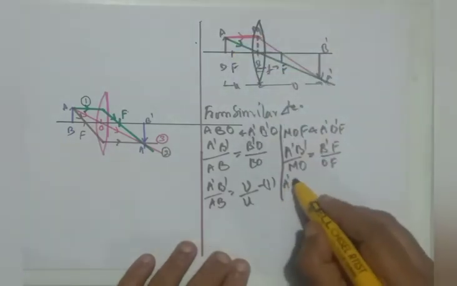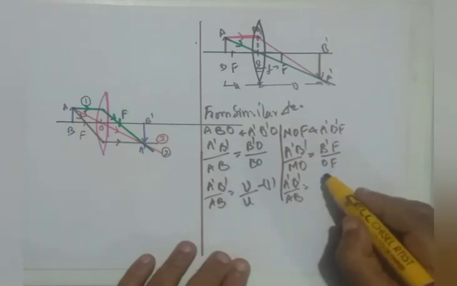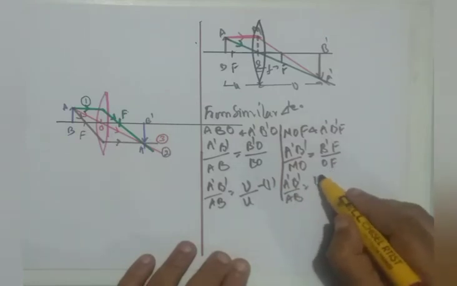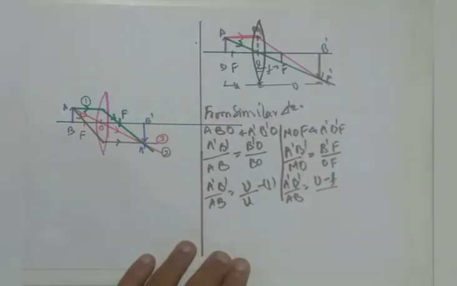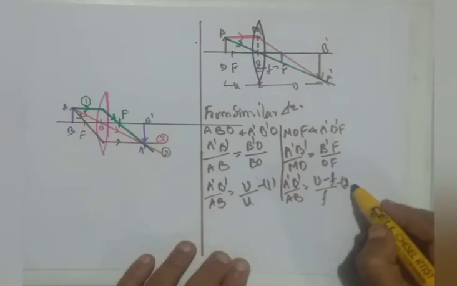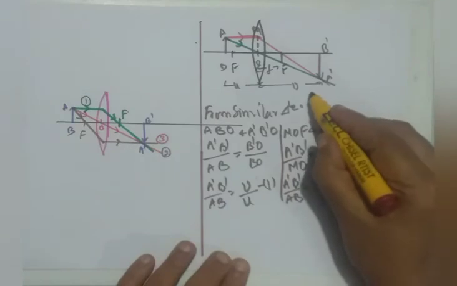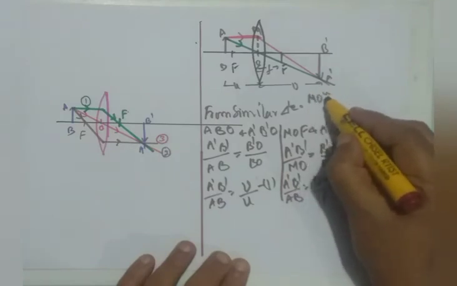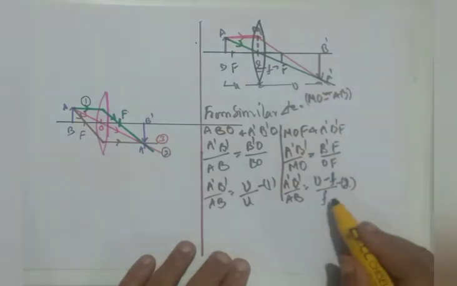I can simply write A dash B dash by AB equals B dash F by OF. B dash F we can write from the figure as V minus F, and OF is F. So this is equation 2. Observe here, we can write MO is equal to AB; in the figure we have used that.